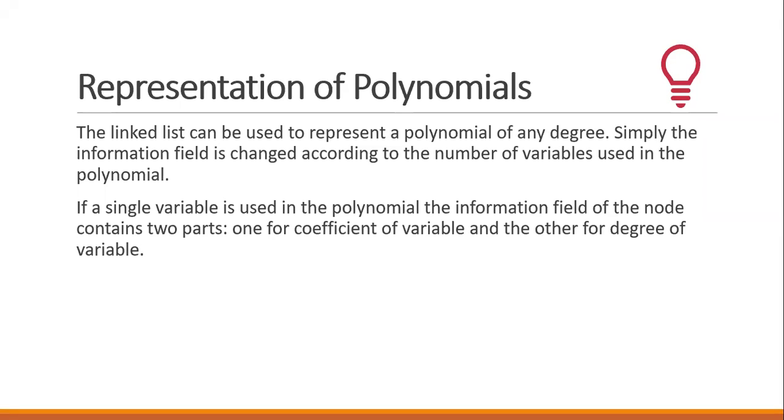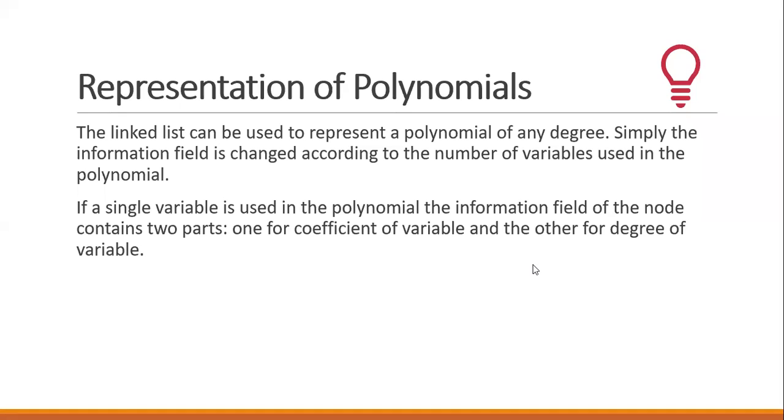But now when you are talking about a polynomial, you need two parts. One part is to mention the coefficient of the variable, and the other part is to mention the degree of the variable. And of course you will definitely need a next pointer which can help you connect to the next part of the polynomial, because a polynomial is not going to be a single expression, right?